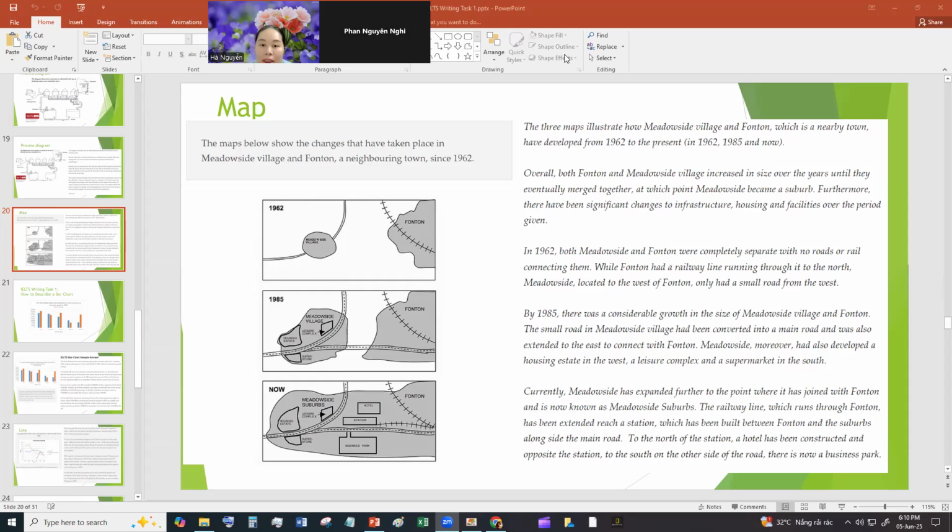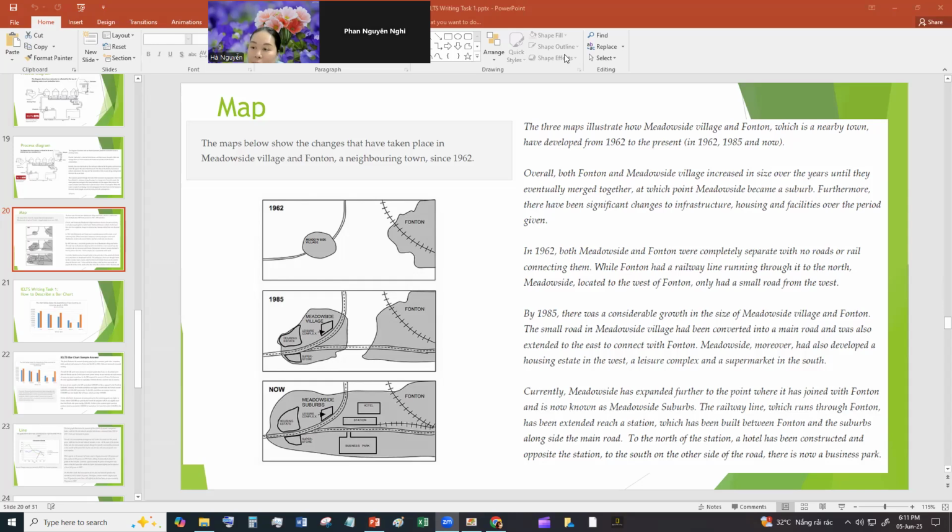Now, the changes that have taken place in Meadowside Village and Fontaine, how does it say in the introduction? It has said that the nearby town has developed from 1962 to present. That's right. So how Meadowside Village and Fontaine, which is a nearby town.